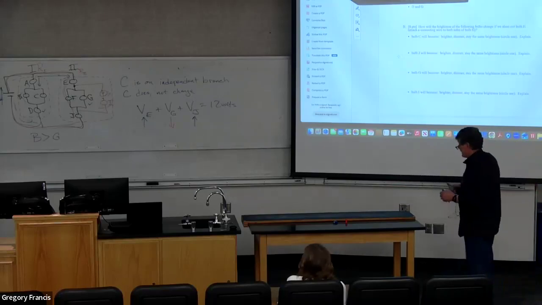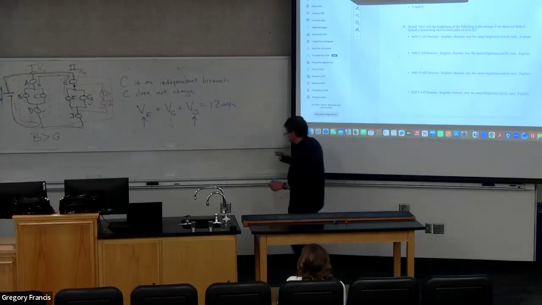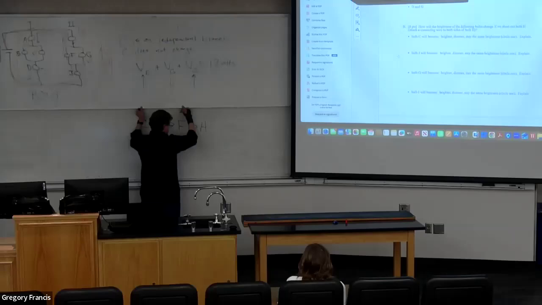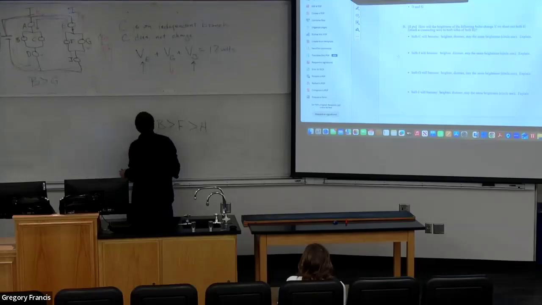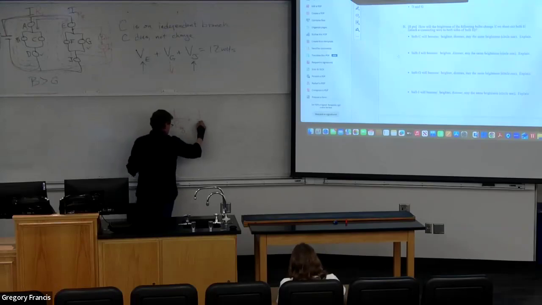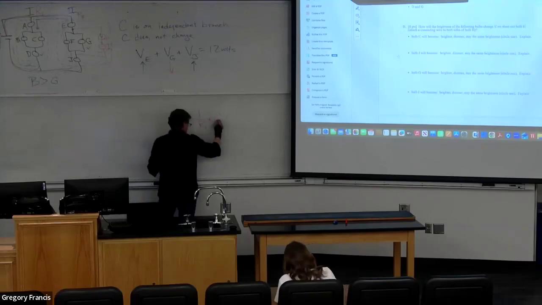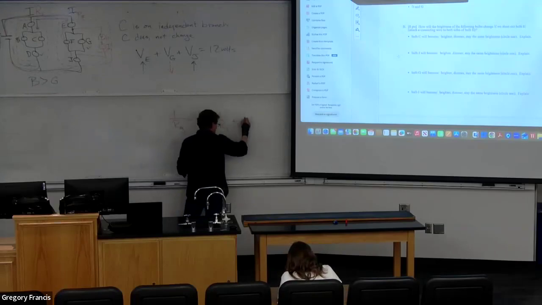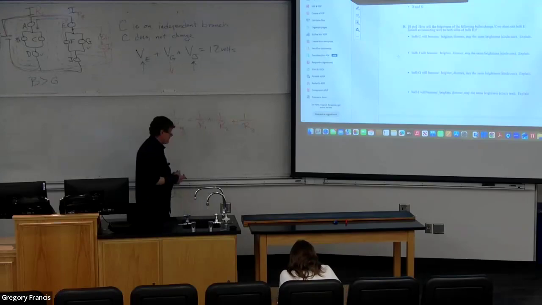Okay. Now, when I look at the resistance formula for adding a new path, 1 over R equivalent is equal to 1 over R1 plus 1 over R2. If I add a new path in parallel, it's like adding a new term right there.